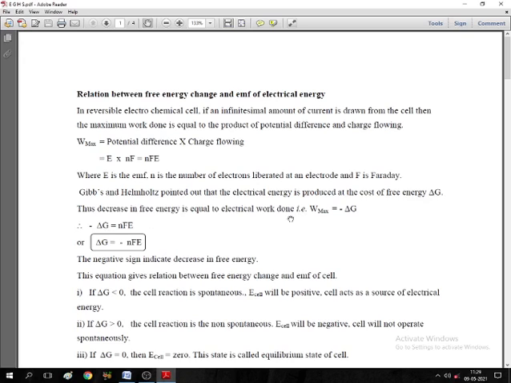The meaning is that due to use of free energy, there is a maximum work done according to Gibbs and Helmholtz.